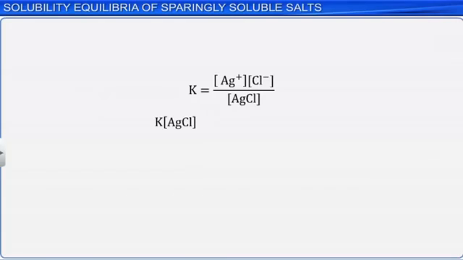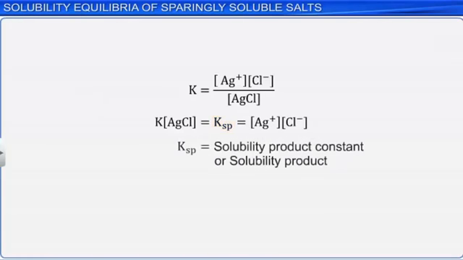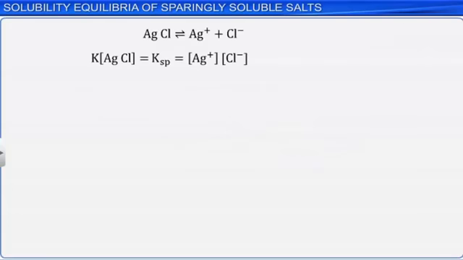As the concentration of silver chloride remains constant, the product of K and the concentration of silver chloride in the equation is represented by another constant called Ksp, which is the solubility product constant or simply the solubility product. Thus, the above equation reduces to Ksp equal to the product of concentrations of silver ion and chloride ion respectively.